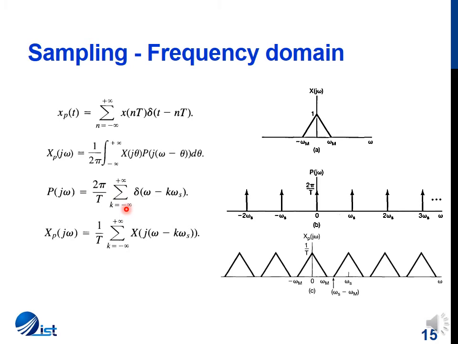So when we convolve our input with this impulse train, we remember from our knowledge of impulses that when we convolve a function with an impulse, we get the function at the location which is defined by the impulse. That is, if a function x of t is convolved with an impulse delta of t plus 1, the signal is shifted to t equal to minus 1, which is the instant at which the impulse occurred.